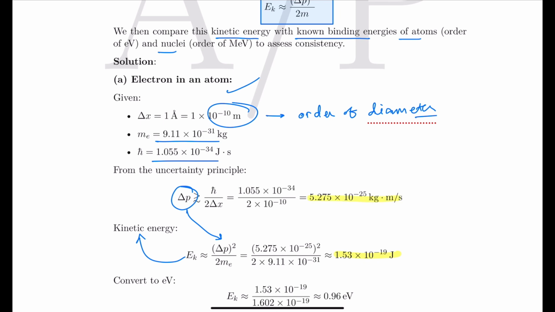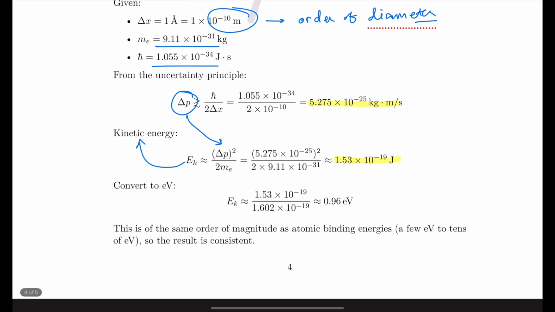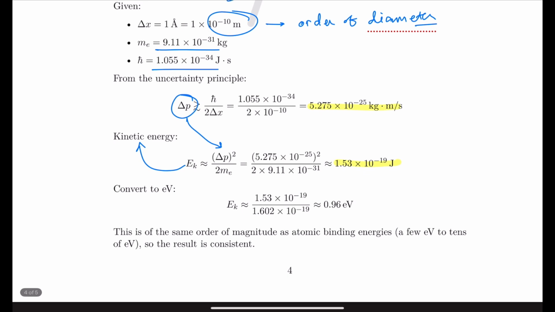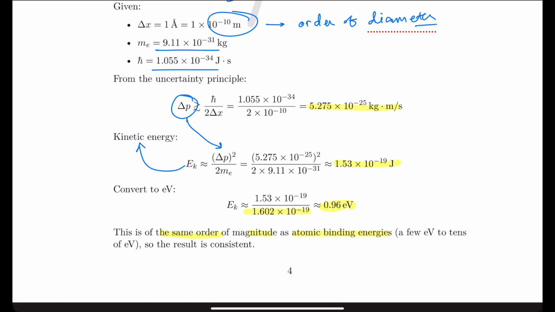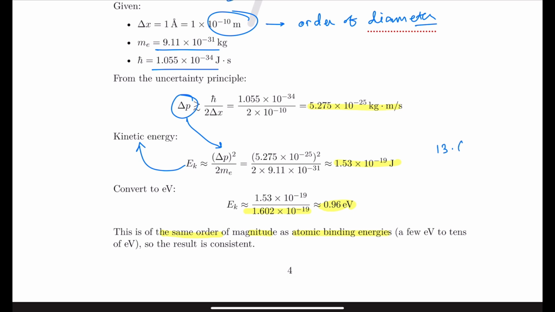Okay, and we are going to convert this into electron volt by dividing with this constant. So this is 0.96 electron volt. This is of the same order of magnitude as atomic binding energies. We know that the atomic binding energy in the first orbit is around 13.6 electron volt for the hydrogen atom, and it decreases with n square, where n is the principal quantum number.